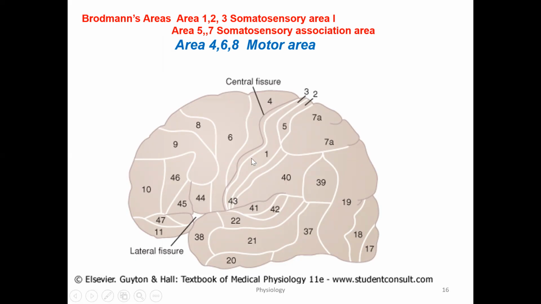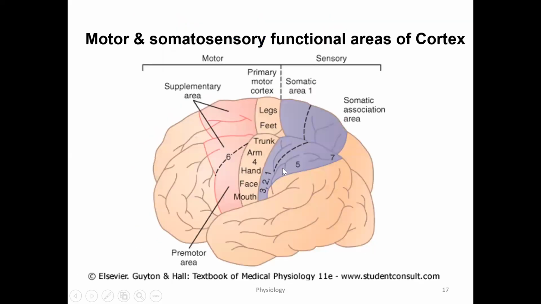This is the central sulcus. In front of the central sulcus, the frontal lobe is there, and there are different motor areas. While 3, 1, 2 are the sensory areas. Like the sensory cortex of the parietal lobe, where the representation of body parts is upside down, inverted, the same thing is there for the motor cortex.